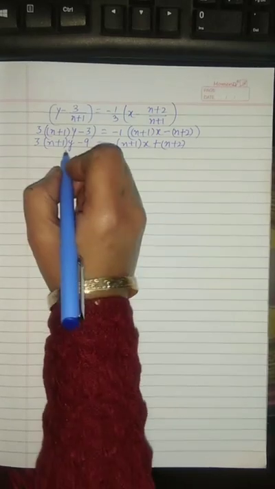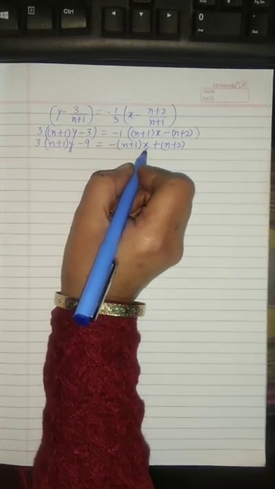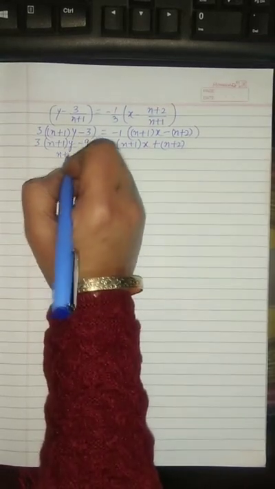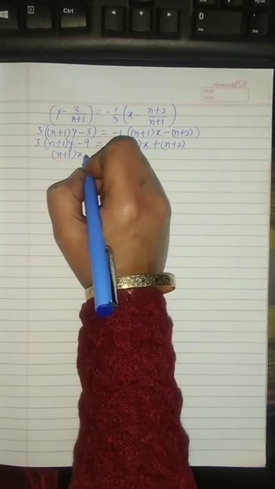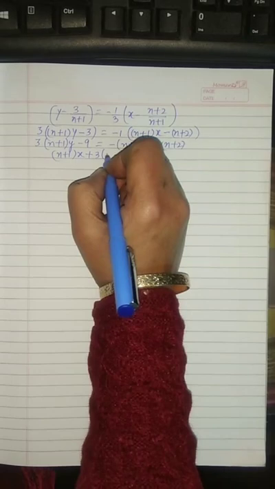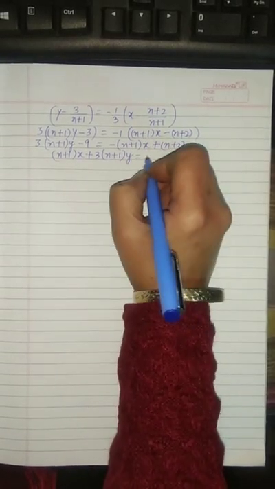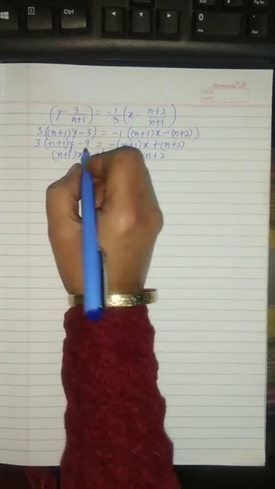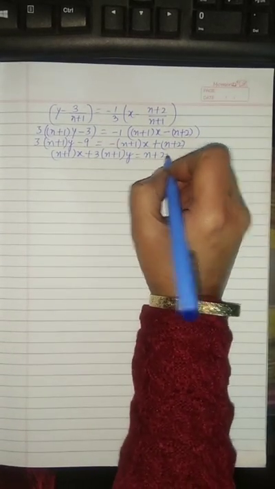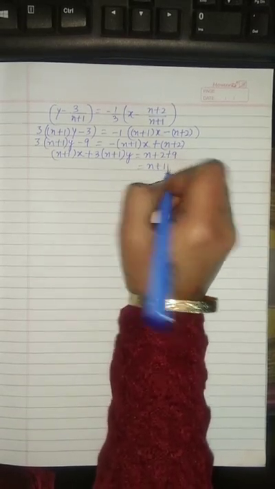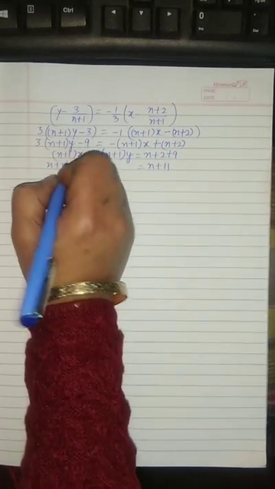So taking terms containing x to the left hand side, we will get (n plus 1) x plus 3(n plus 1) y is equal to (n plus 2) minus 9, where minus 9 is transposed to the other side so it becomes plus 9. It will become n plus 11. So we got the equation.